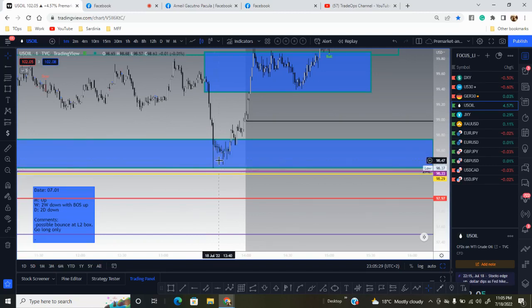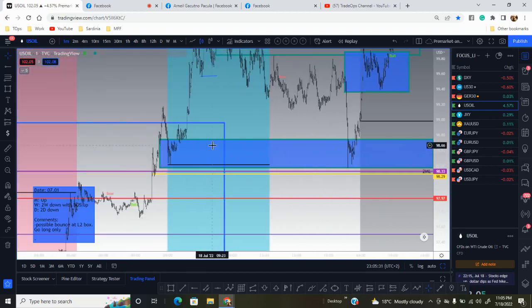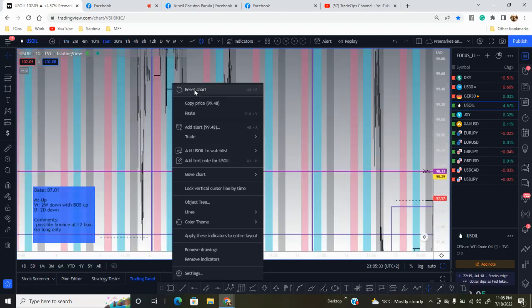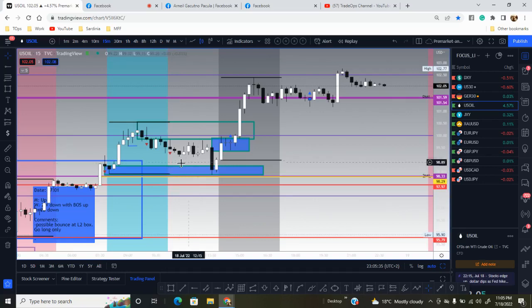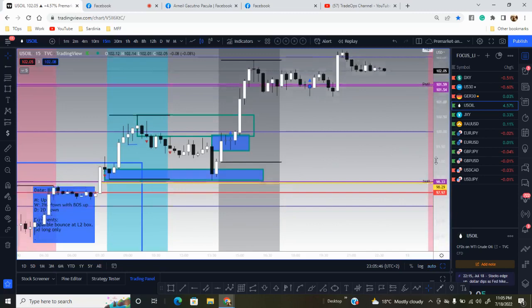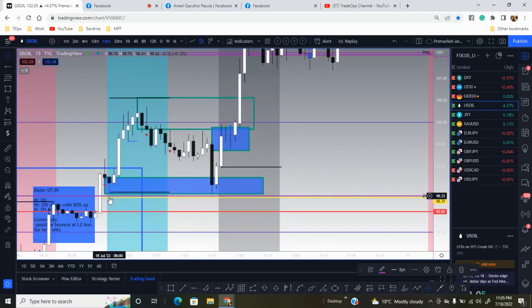So right here, or simply you go back to your order block and get the half of that order block, so right around there, 98.6, and then set your stop loss below the order block but below also the round number.